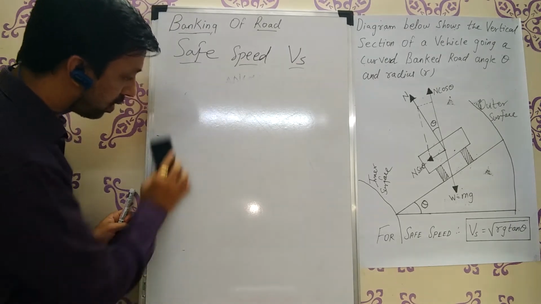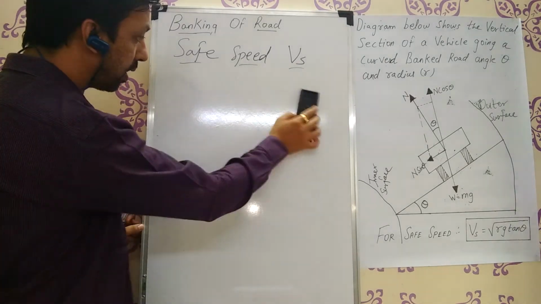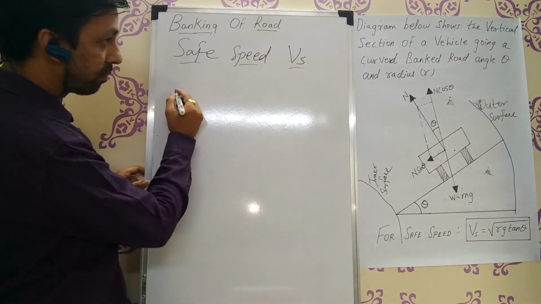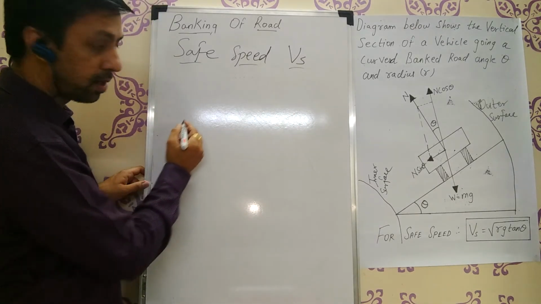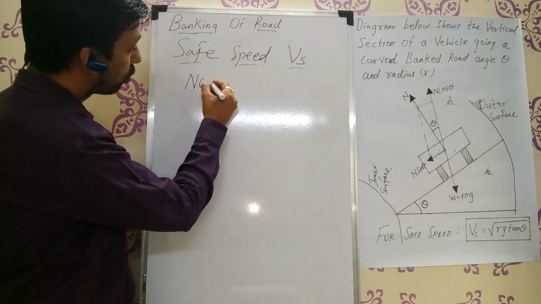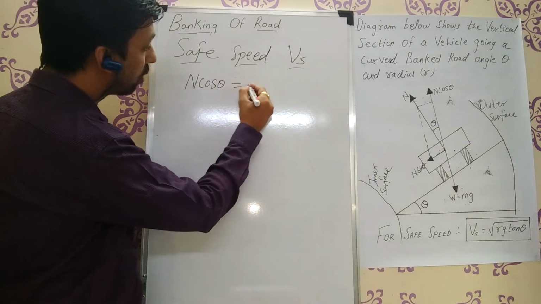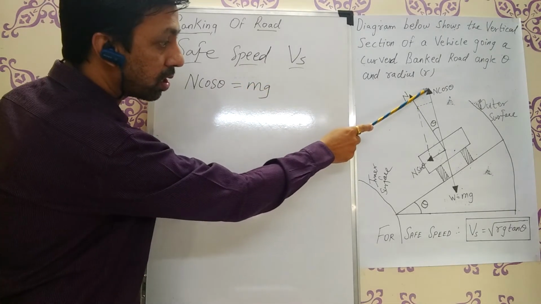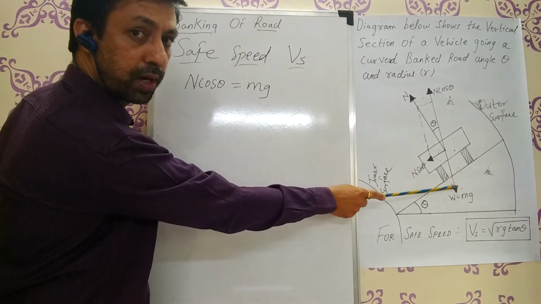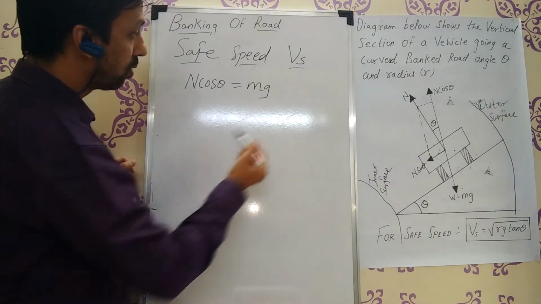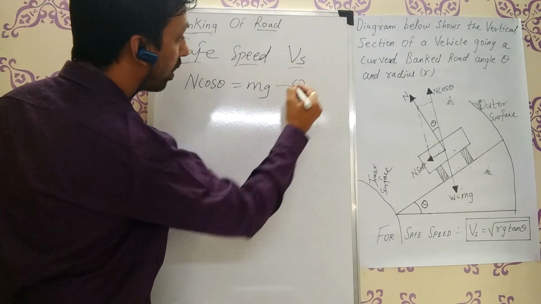First, the balancing gives the first equation, N cos theta is equal to weight. N cos theta is trying to balance with the weight because it is coming in one line. This is my equation number 1.